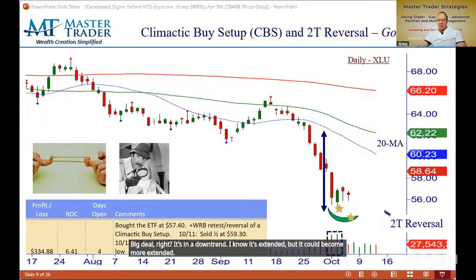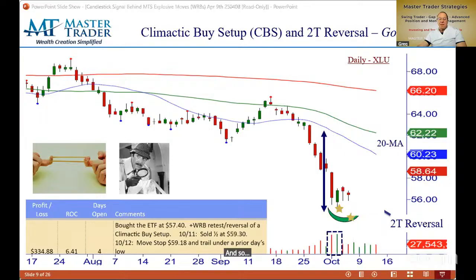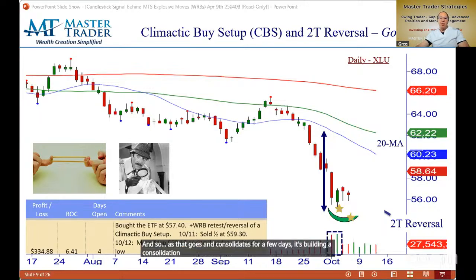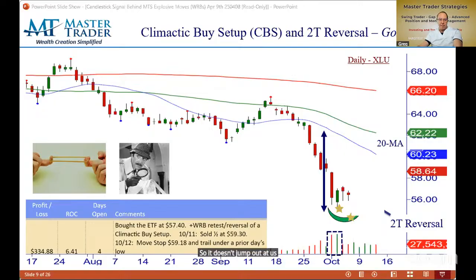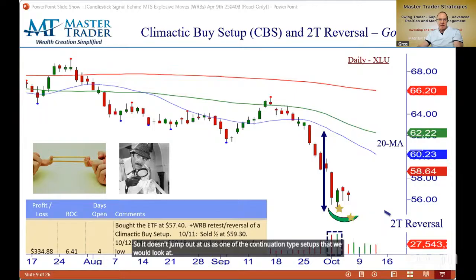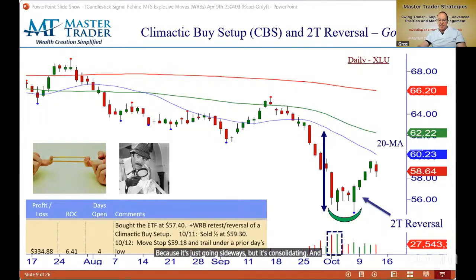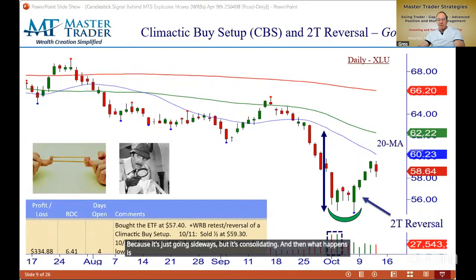And so as that goes and consolidates for a few days, it's building a consolidation that a breakdown can occur from. So it doesn't jump out at us as one of the continuation type setups that we would look at because it's just going sideways, but it's consolidating. And then what happens is it breaks lower and it springs up.